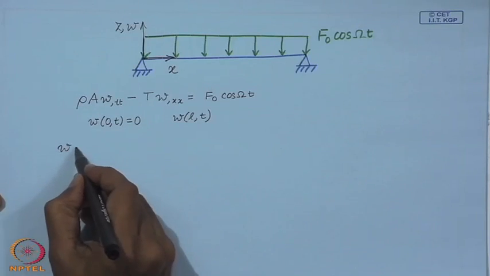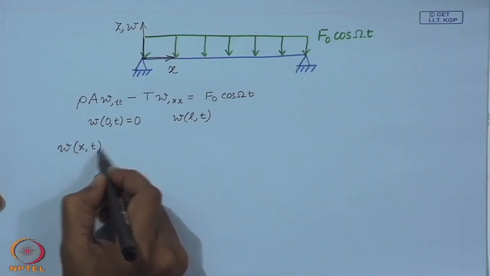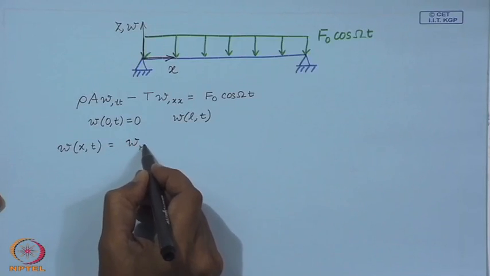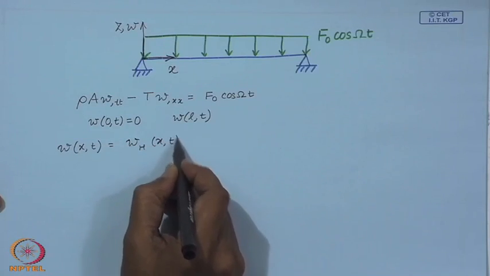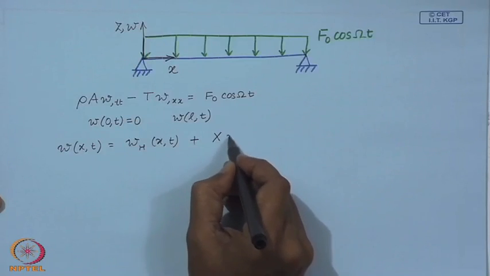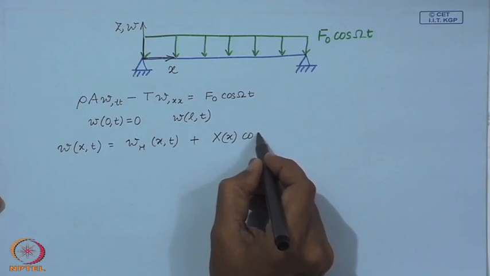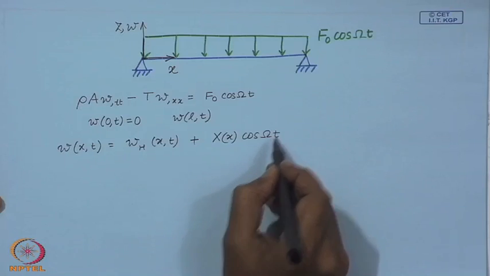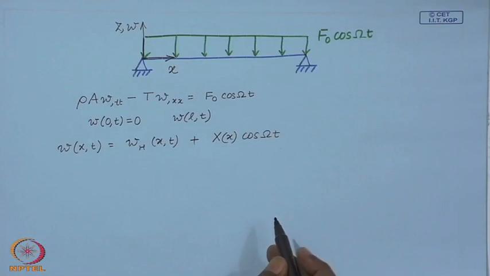So, the solution is a homogeneous solution plus the particular solution in this form.